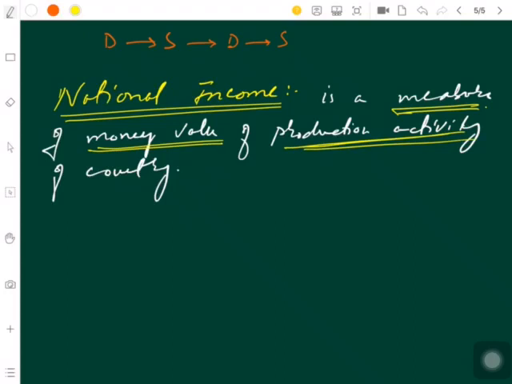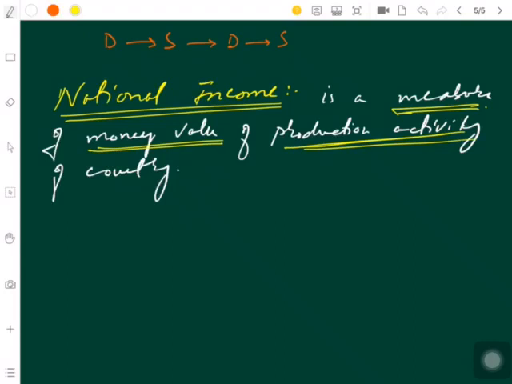So, if you have to write down the definition of national income, it could be written in a more lucid form: the sum of factor incomes earned by normal residents of a country in the form of rents, wages, interest, profit in an accounting year. Understand what I am saying. I am now defining national income in three broad categories. National income can be defined from 3 points of view.